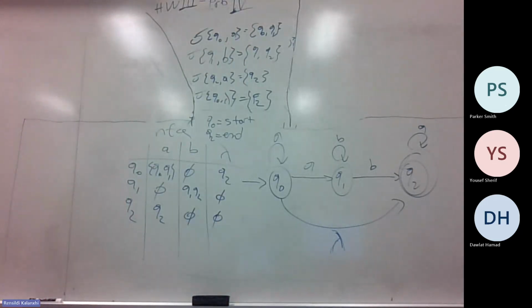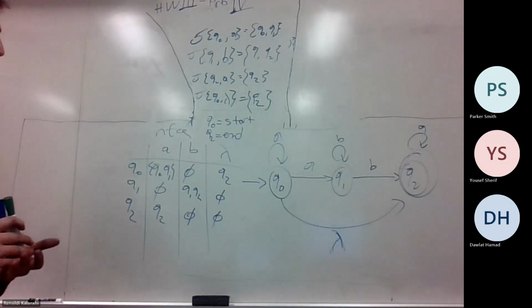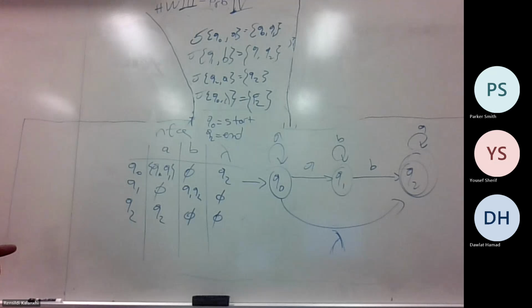So Q2 is going to point to nothing at B, but Q0 is going to have B pointing to Q2.